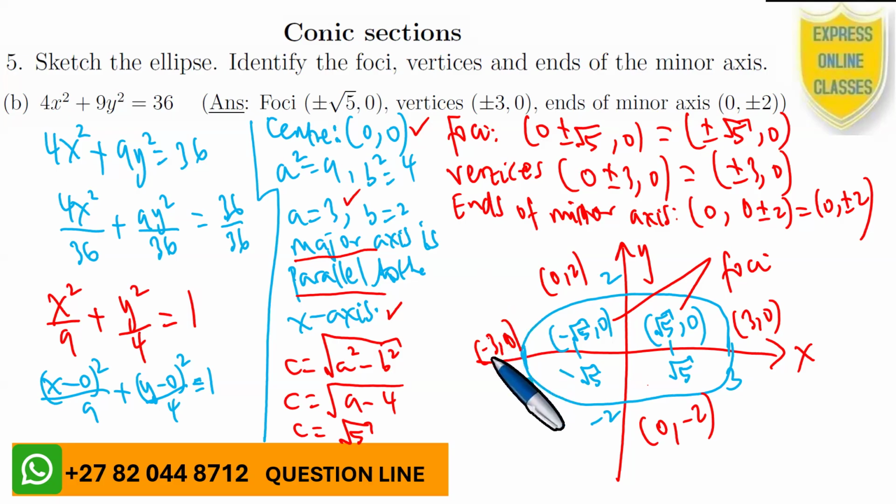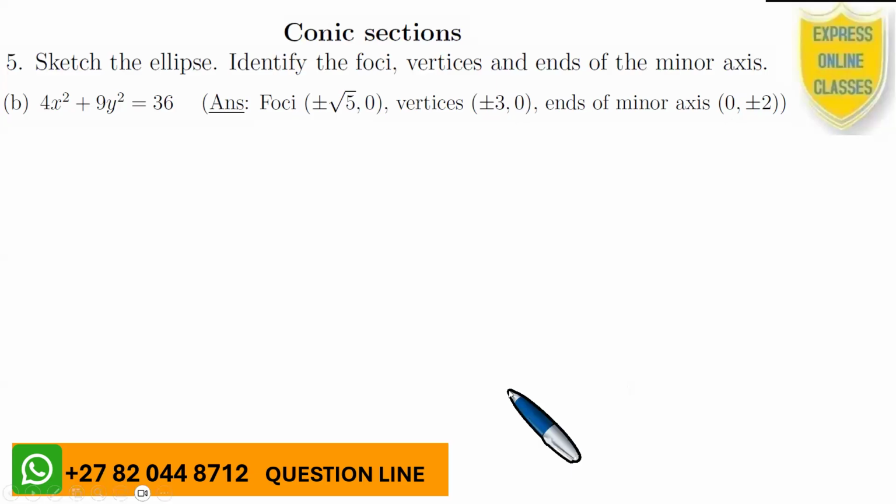Now, what else is missing? Because you're supposed to sketch and then give the foci, which is negative square root of 5 and plus square root of 5. The vertices, negative 3, 0 and 3, 0. Ends of the minor axis, 0, 2 and 0, minus 2. So we're done. Let's look at the next question.